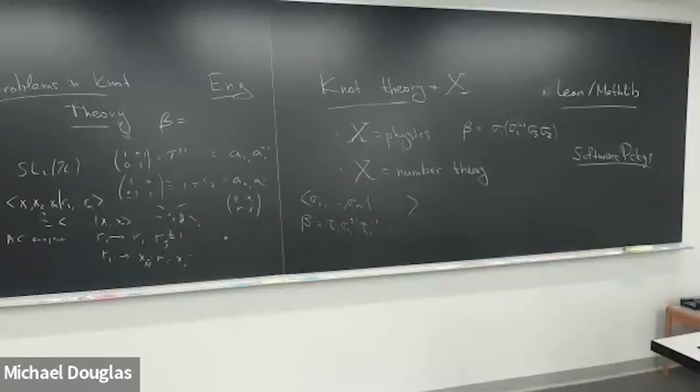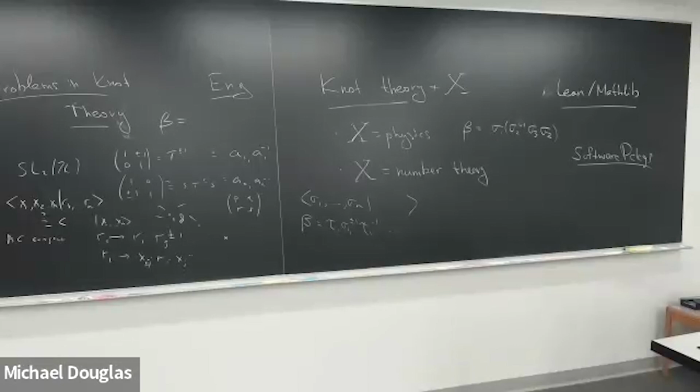Since you talked about the slice-ribbon conjecture, a sub-problem is about finding ribbon disks of the unknot. That's in the new Kirby list actually. The conjecture is that every ribbon disk of the unknot is just a disk in R3 pushed out.